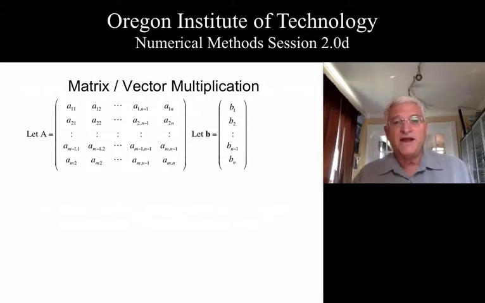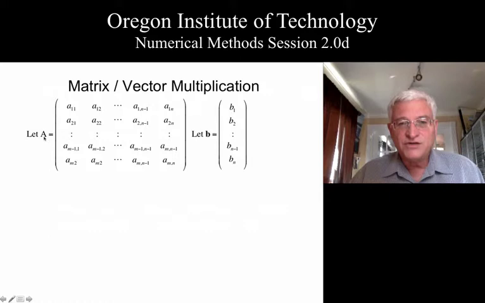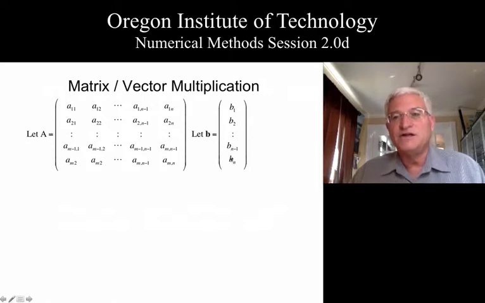So let's take a look at how we might define matrix A times vector B. Our approach will be to take a specific row of A and take its entries and in a pairwise fashion multiply them by the entries of vector B. We'll do it in this manner.